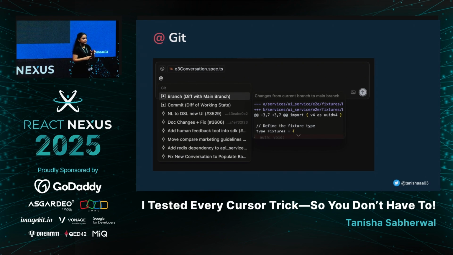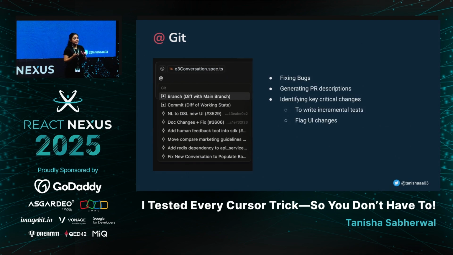Now, why is this my most favorite one? Because it can help you fix bugs. So you can say @diff of my branch to the main branch, this feature was working in the main, but it somehow is not working anymore. Try to figure out what happened. So it will exactly pinpoint what went wrong.